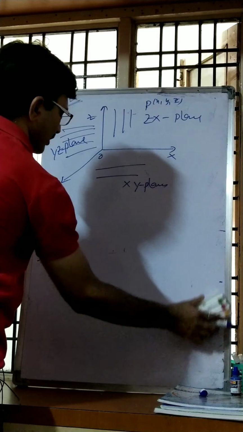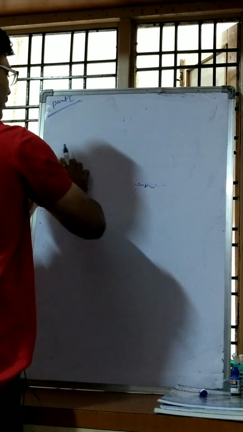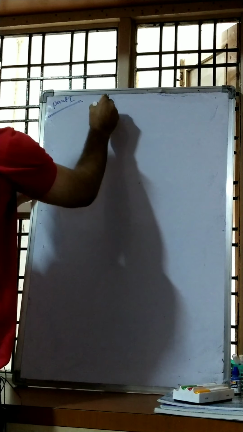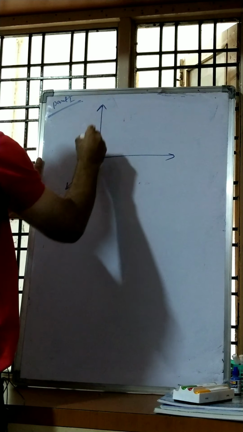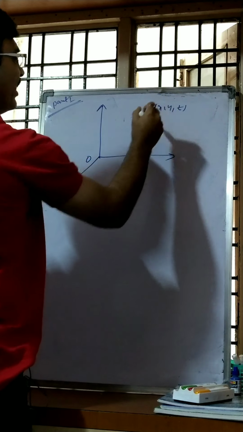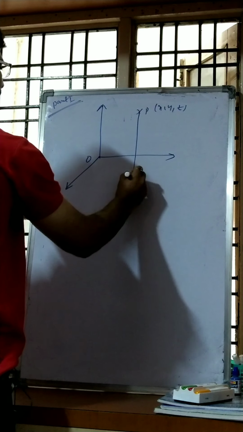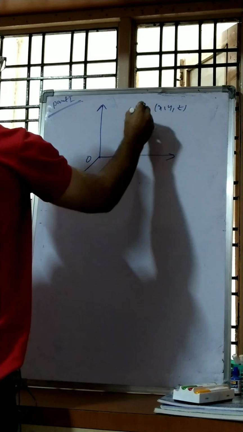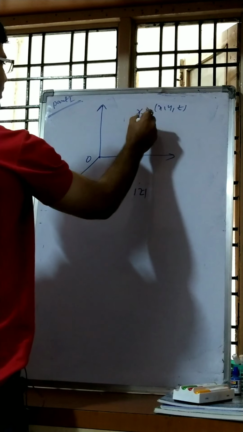Now the next one: a few points related to the point. In 3D, this is the x-axis, y-axis, z-axis, the origin. This is P, x, y, z. Now you may ask what x, y, z are. This is the xy plane, so I'm writing mod z, the length.